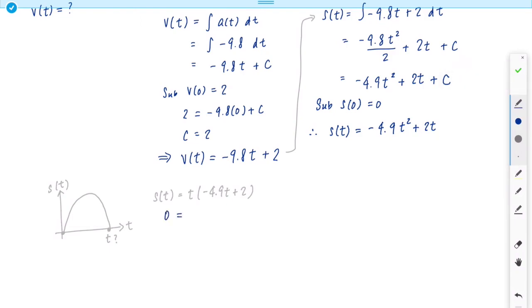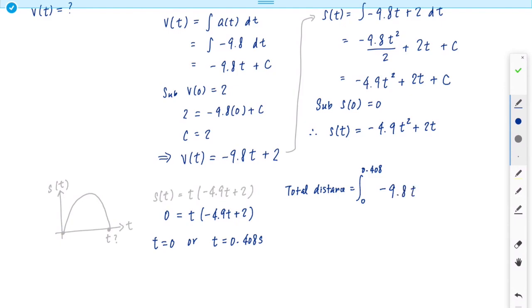By setting this equal to 0. Clearly, the first 0 occurs at t equals 0, and the second 0 occurs at 2 divided by 4.9, so it's roughly 0.408, which then we can use to calculate the total distance by taking the integral from 0 to 0.408 of the velocity function, negative 9.8 t plus 2 dt.